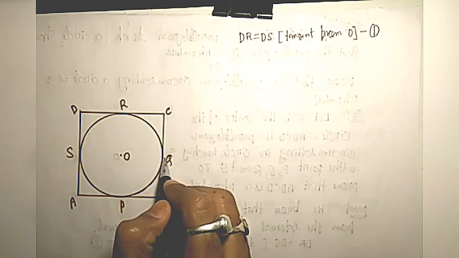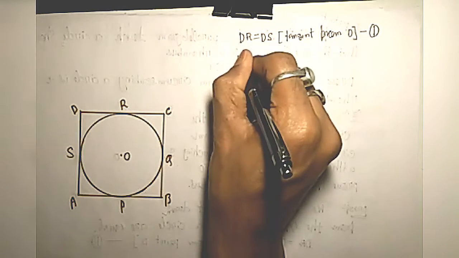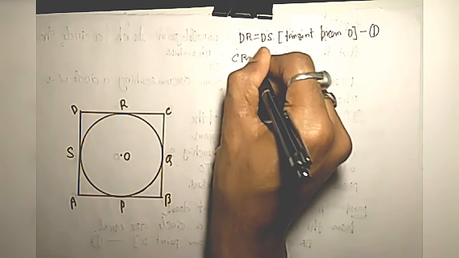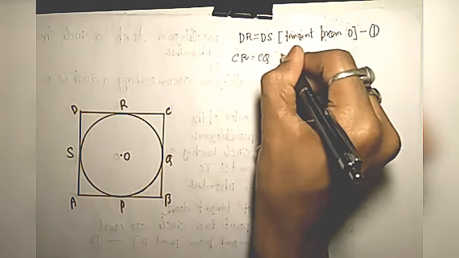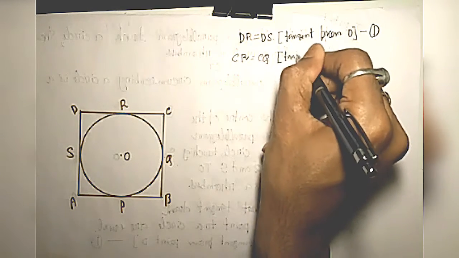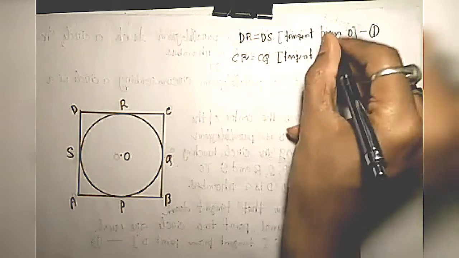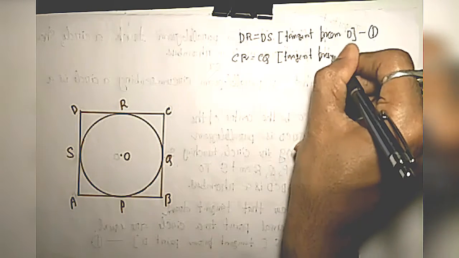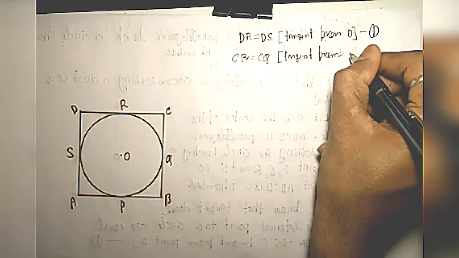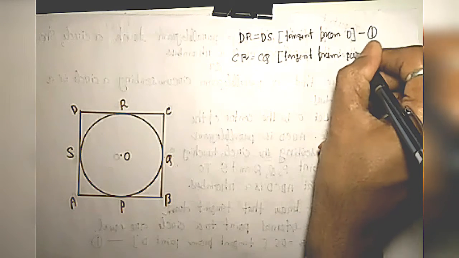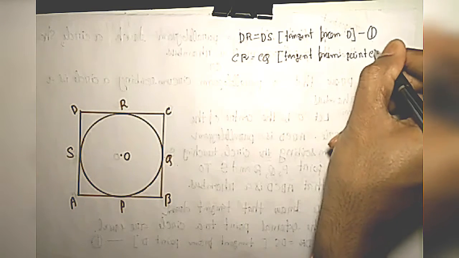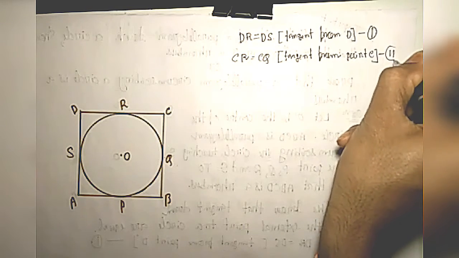Similarly, from C, CR and CQ are the two tangents, so their lengths should be equal. CR equals CQ, tangents from the point C. Call it equation 2.